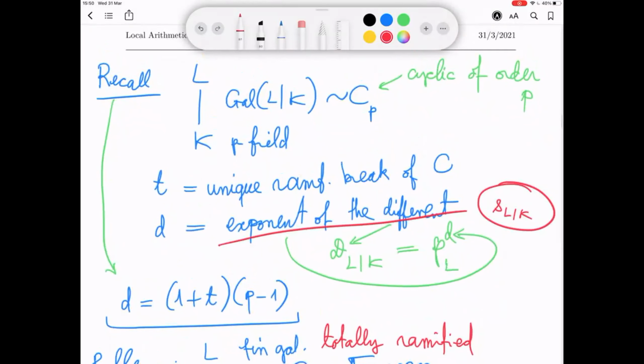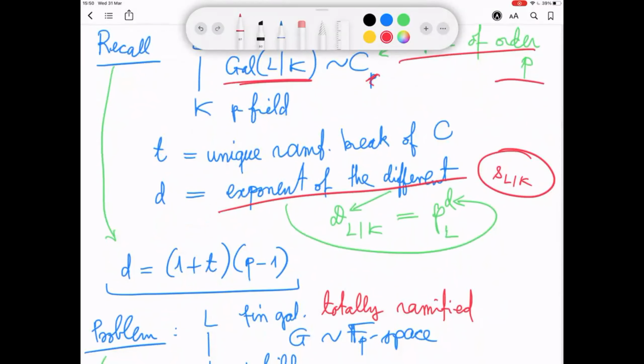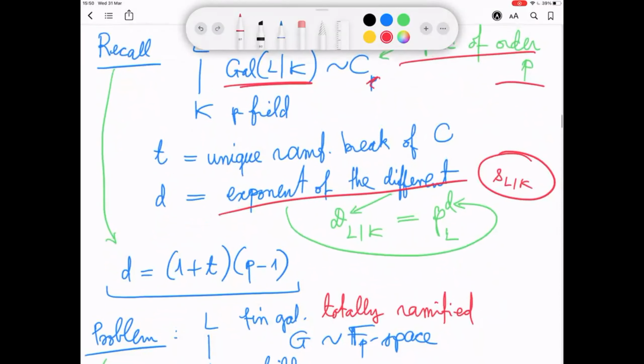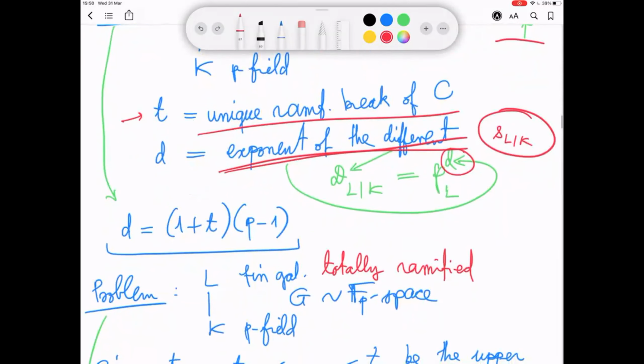If we have a finite Galois extension and the group is cyclic of order p, and if the unique ramification break of this group occurs at t, then the exponent of the different, which we computed in terms of the ramification filtration, is equal to (1 + t)(p - 1).